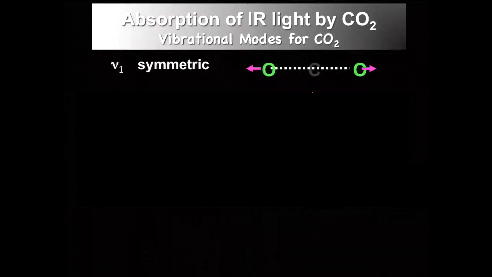Carbon, oxygen. And the oxygens can vibrate relative to the carbon. So I'm depicting the vibration of a carbon dioxide molecule. This is an energy level. It's a type of energy, vibrational energy, symmetric vibrational energy. And when an infrared photon comes in, it can make the carbon dioxide molecule vibrate, storing that energy in the carbon dioxide molecule. And then when it de-excites back to no vibration at all, the molecule spits out that infrared photon in a random direction.